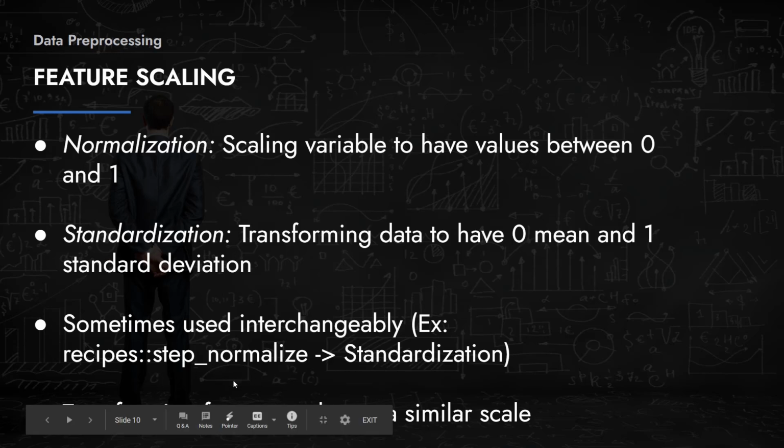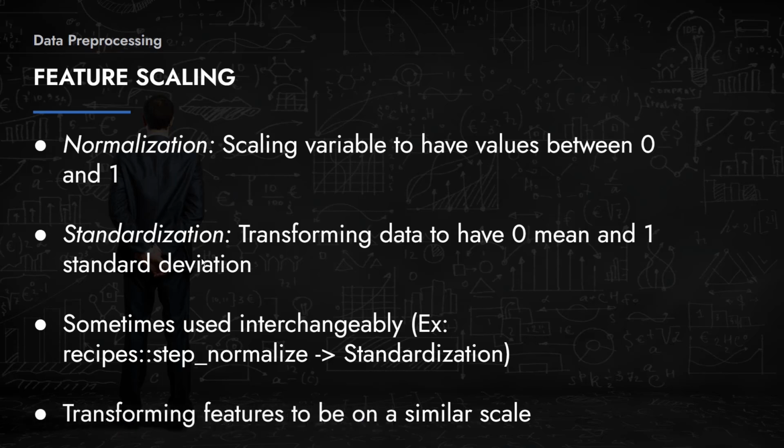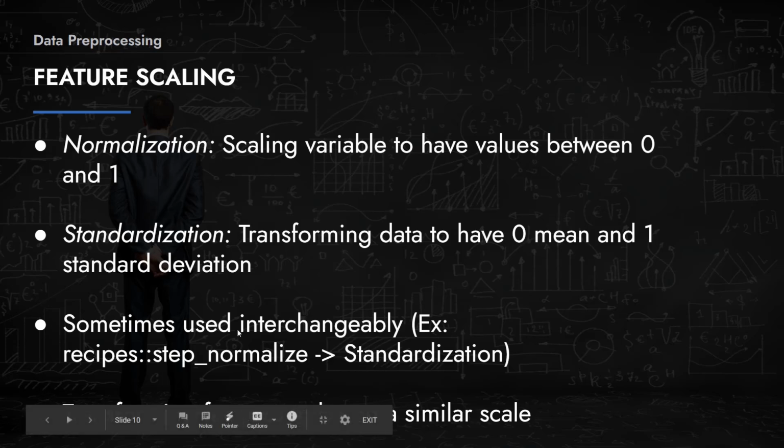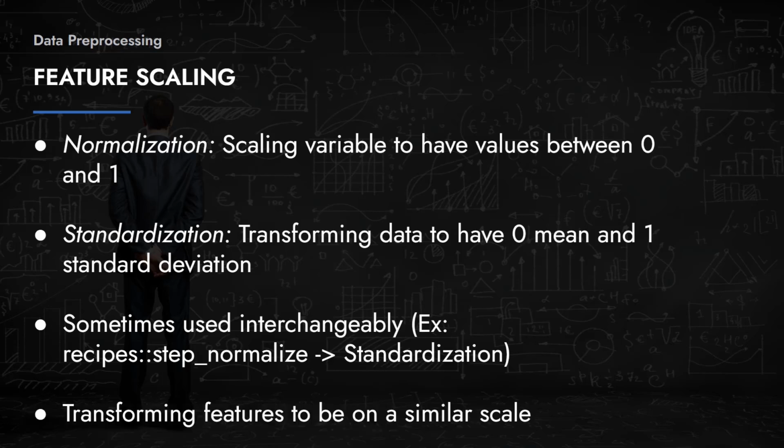The step normalize function does what we learned here to be standardization, but it's called normalize. So it doesn't really matter. When you're scaling down or up into a certain range and standardizing everything, that's feature scaling: transforming features to be on a similar scale. The reasons we do this, like I mentioned before, are for optimization, to make your algorithms more accurate, much faster, and just easier to deal with.